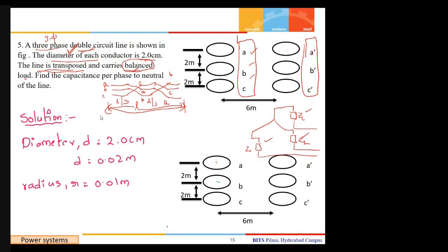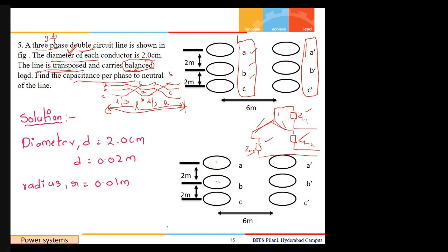Because if the load is balanced, then the current in the individual phases will be equal. If these are ZL1, ZL2, and ZL3, then the current flowing in the individual phases will be different.